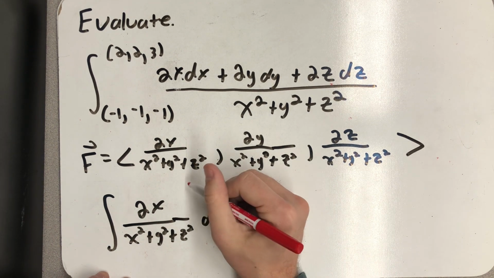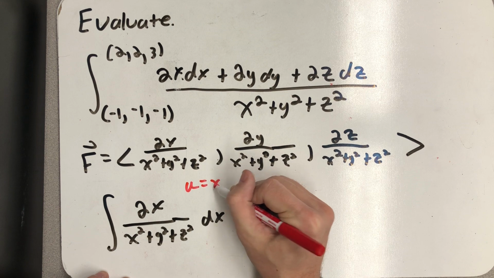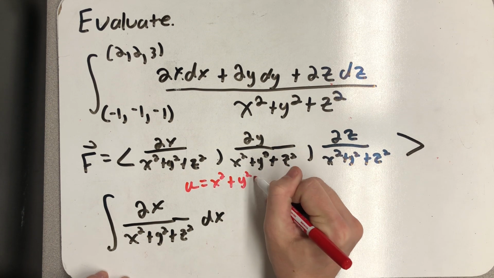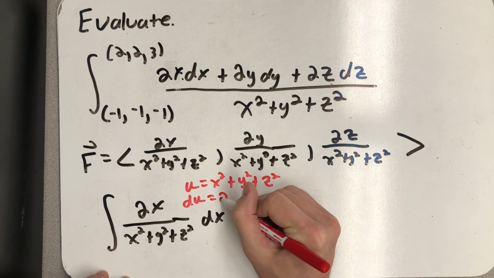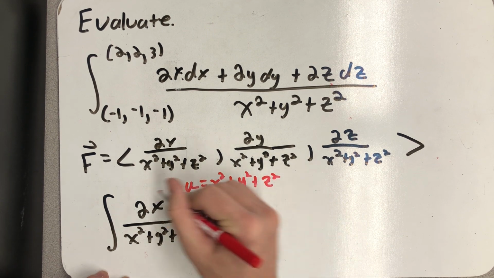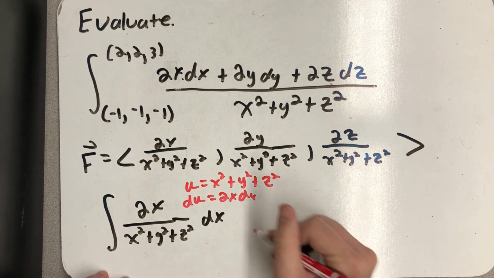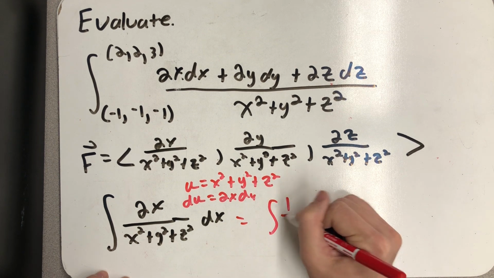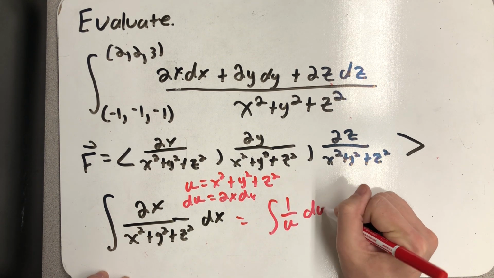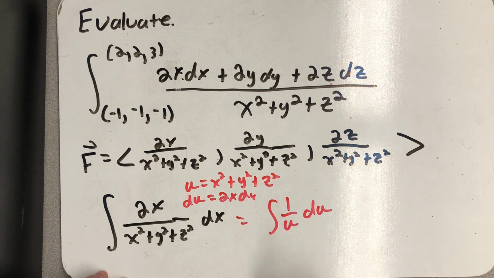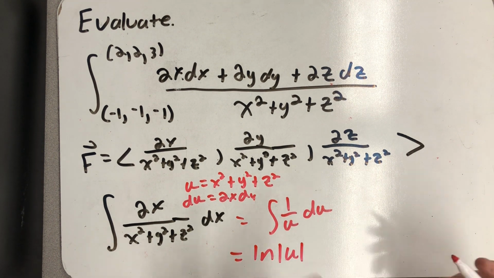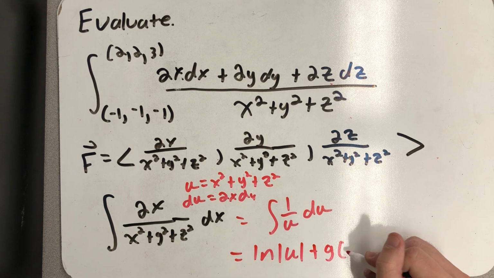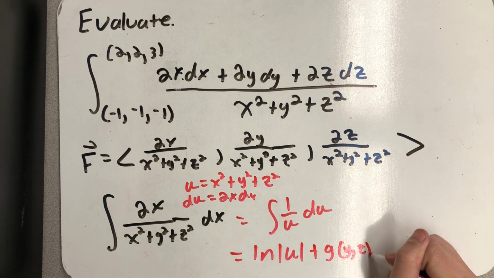And that would be fine, but I'm going to imagine showing all of my work. Y and z are constants, so this substitution is going to be a very easy one, right? It's one of those nice ones where that's just all du, and I have a 1 over u du. And so, well, that's going to be the natural log of the absolute value of u plus some function that might vary on the variables y and z.